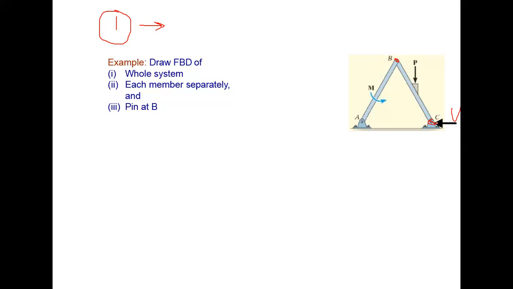That means this horizontal reaction is being balanced by some horizontal reaction at point B, isn't it? That's why for a horizontal reaction at C, we are getting a counter reaction at point B in order to maintain this BC link in equilibrium.